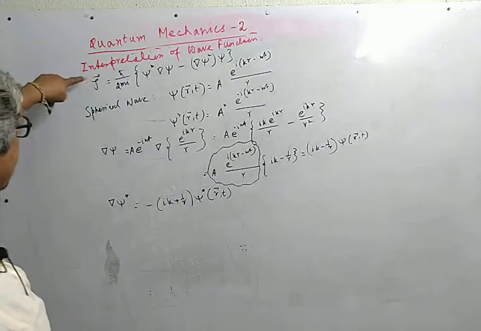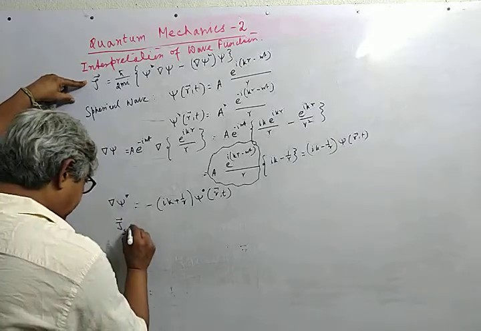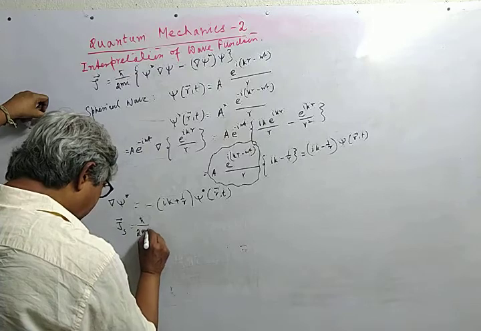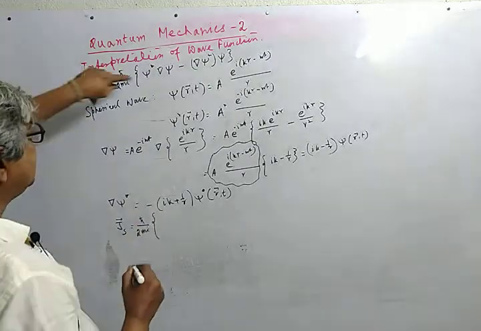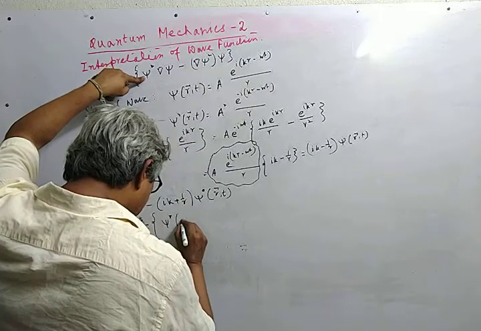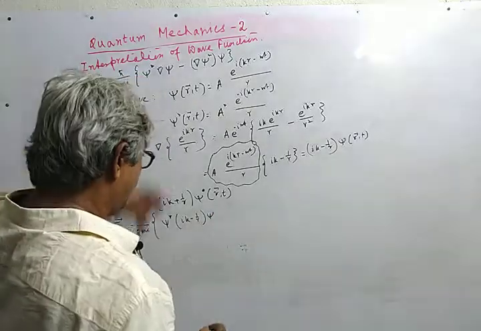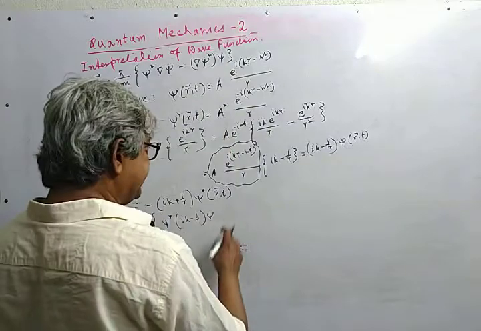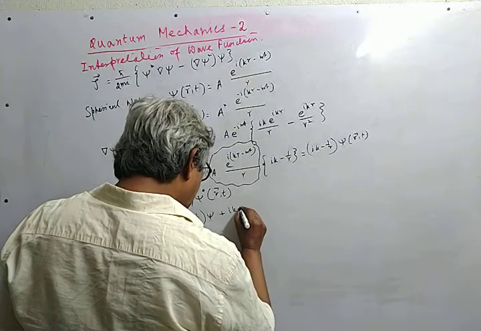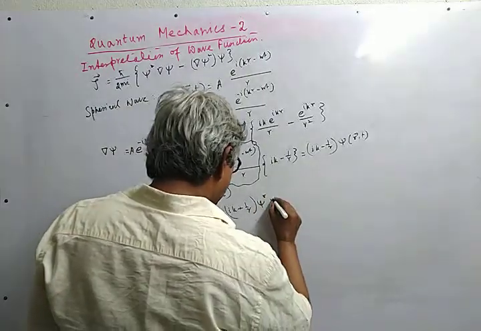If we plug this into this, and for spherical wave we use a suffix s, then I get h cross squared by h cross by 2mi, psi star times this part psi, and for this part there is a minus sign, so this makes it plus, so this is again (ik plus 1 by r) psi star psi.